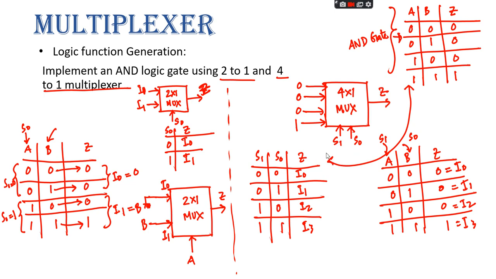And for the control inputs, what can we do? These two control inputs will be replaced by A and B, right? Yes, sir. Any confusion so far?